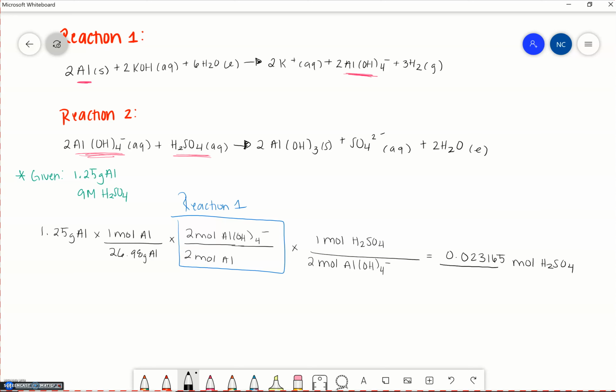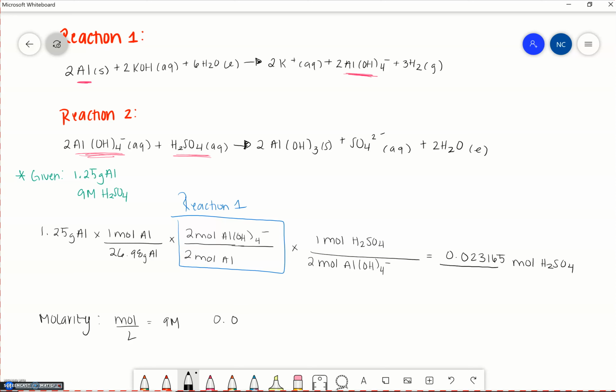But remember, the question asks for milliliters. So now we can convert from moles to milliliters using the molarity. Because remember, molarity, which is concentration, is moles per liter. And it was given that the concentration is 9 molar.